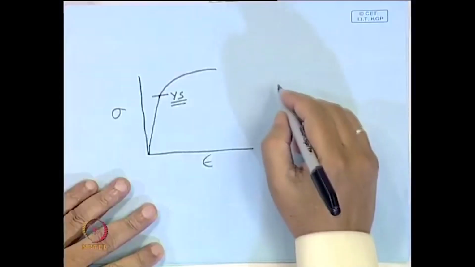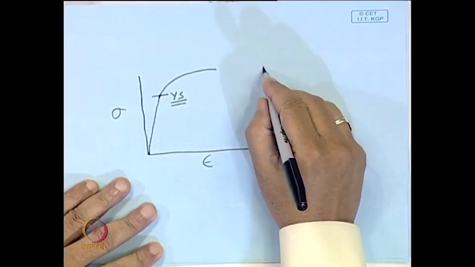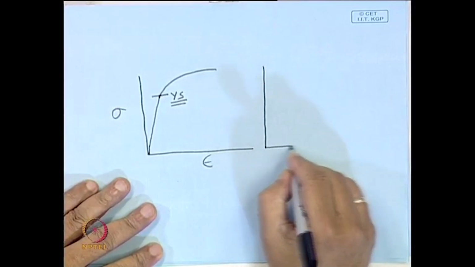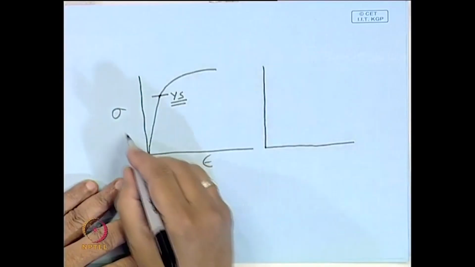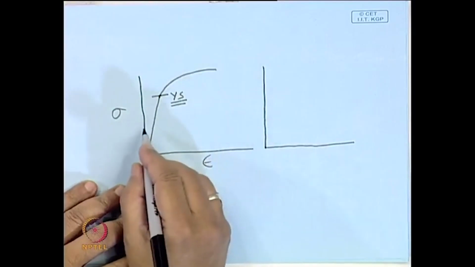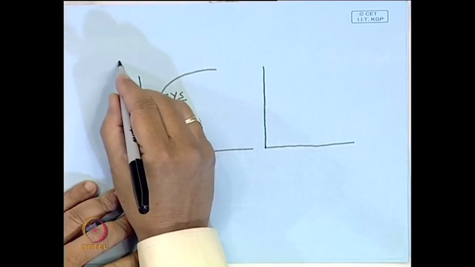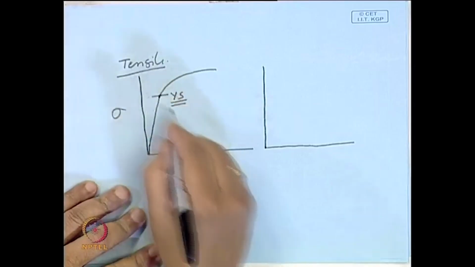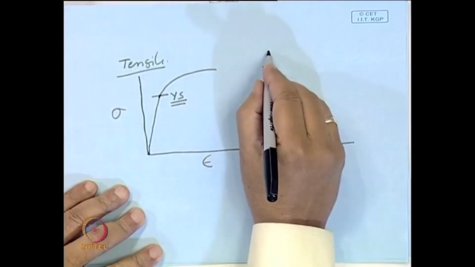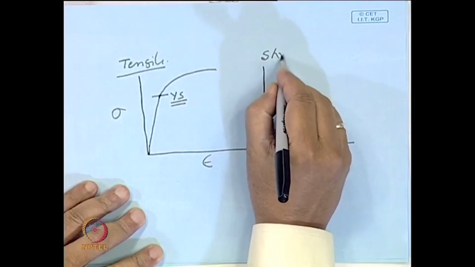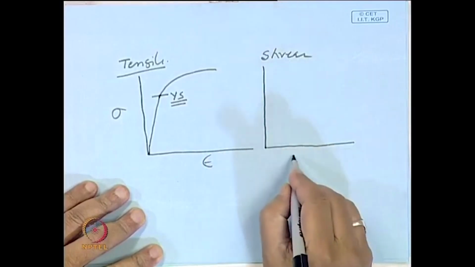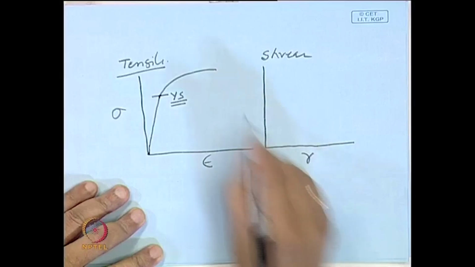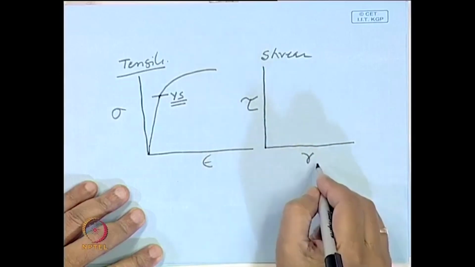And in fact, for the single crystal, what will be the nature of the stress strain diagram? Now, normally in polycrystalline material, you have a tensile stress strain diagram. Here the diagram that we will draw is shear stress versus shear strain. So, shear stress tau, shear strain.